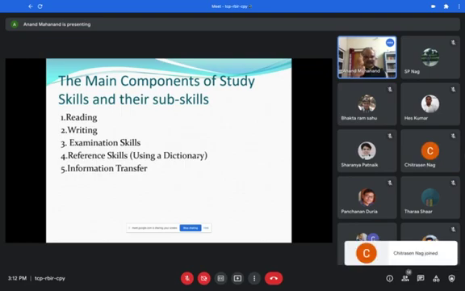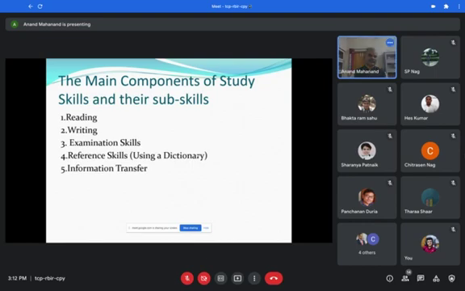But the reading I am talking about is academic reading. Under academic reading, you will be reading textbooks, articles from journals, and so on. So this is academic reading.